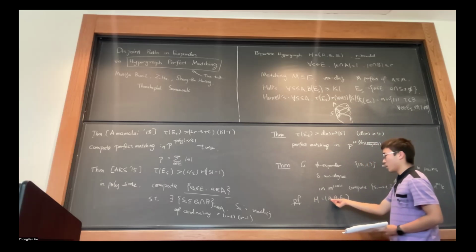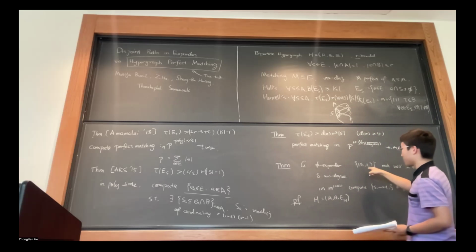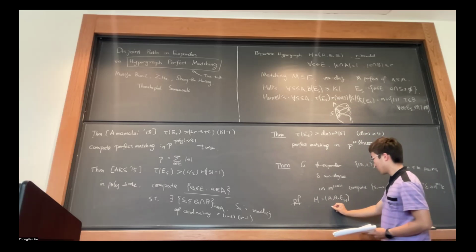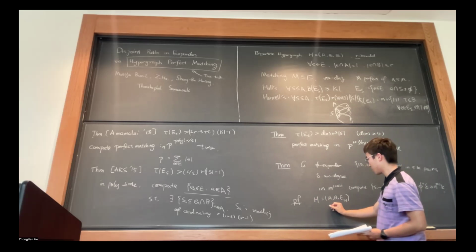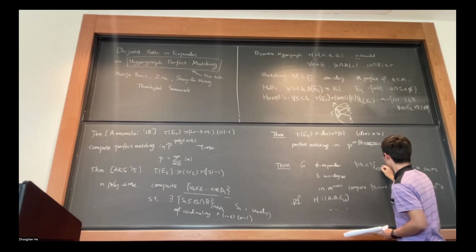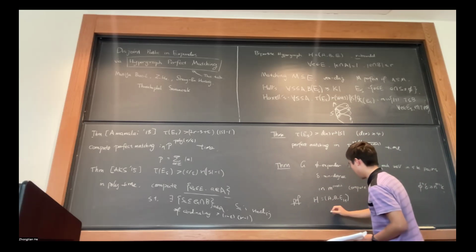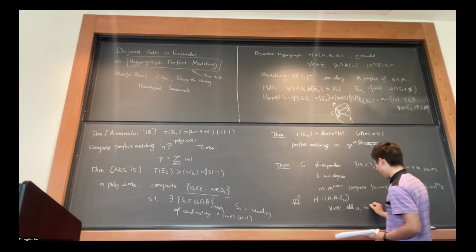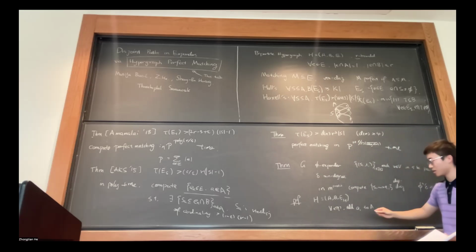So each demand pair in this set corresponds to a vertex in A. So for each i in Q, you create a vertex a_i and add it to A, right? And it stands for the demand pair.